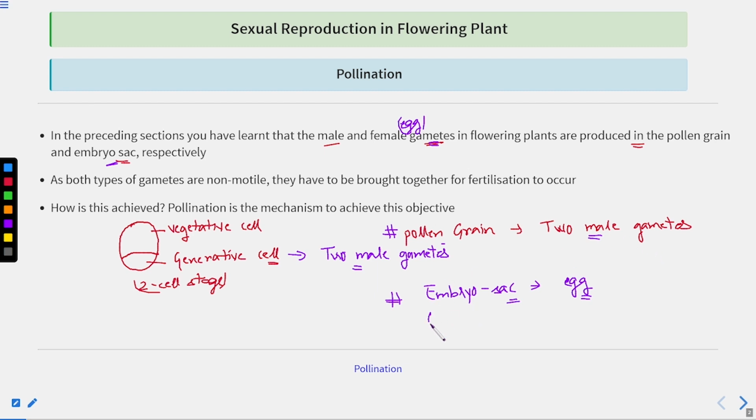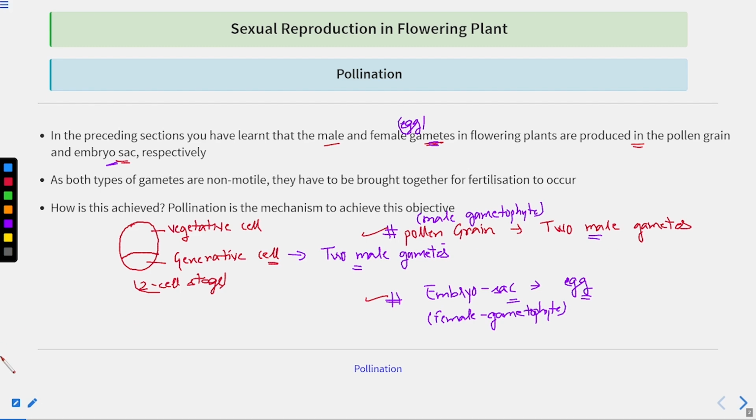So the embryo sac is known as the female gametophyte. You should remember this. A question can come from this. And the pollen grain is known as the male gametophyte. Clear? Now the egg is present within the embryo sac.